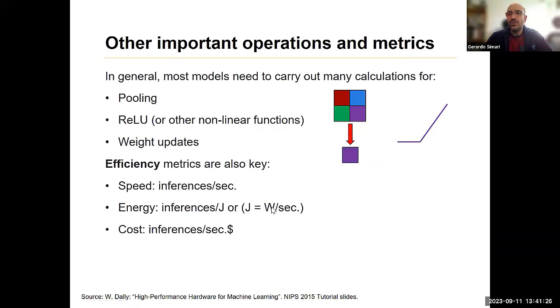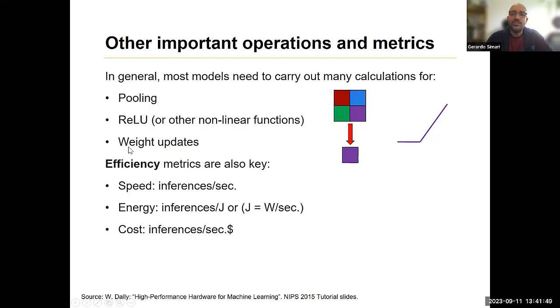There are, of course, apart from the multiply accumulate operations, also, as I briefly mentioned before, these pooling operators, ReLU or any other nonlinear functions. Those also carry their computations and they have their cost, and of course weight updates as well.